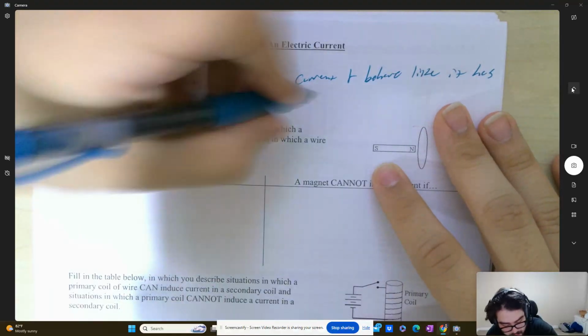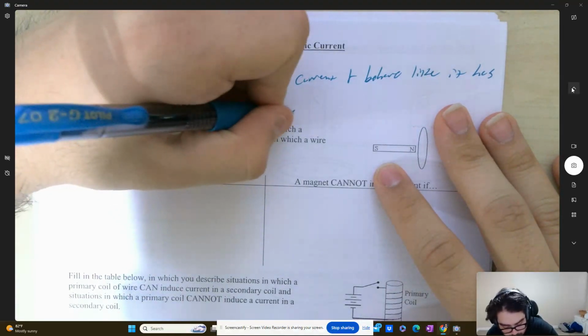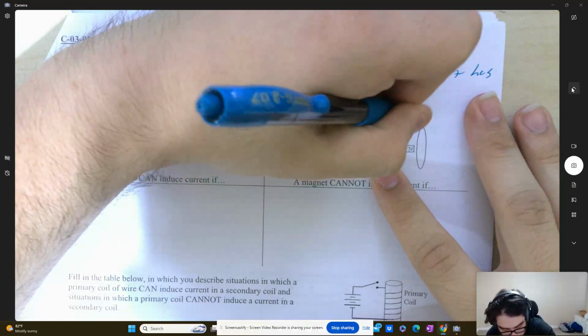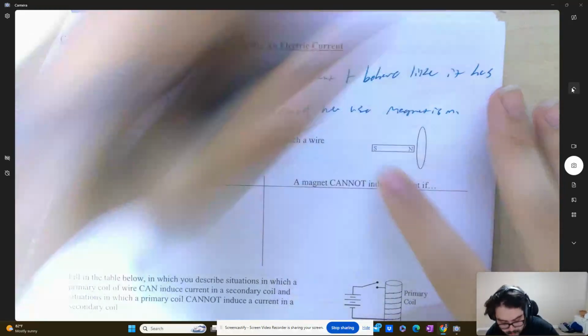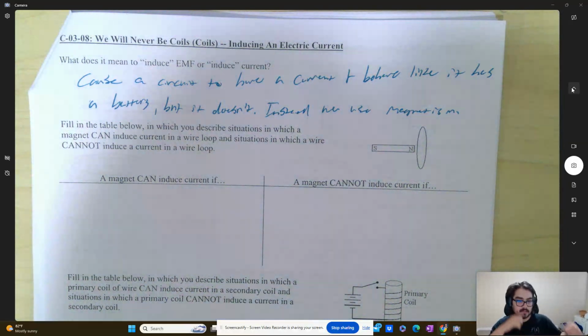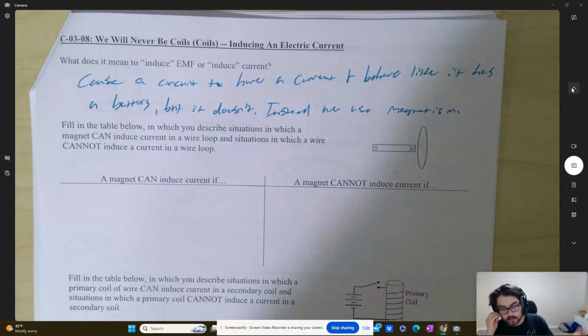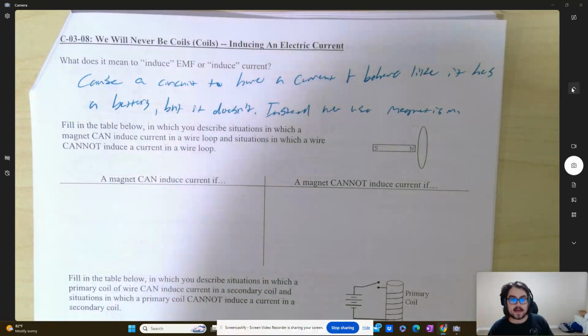Instead, we use magnetism. So you'll find that magnetism can actually be used to create currents and EMF to induce it into circuits where there is not a battery, right?